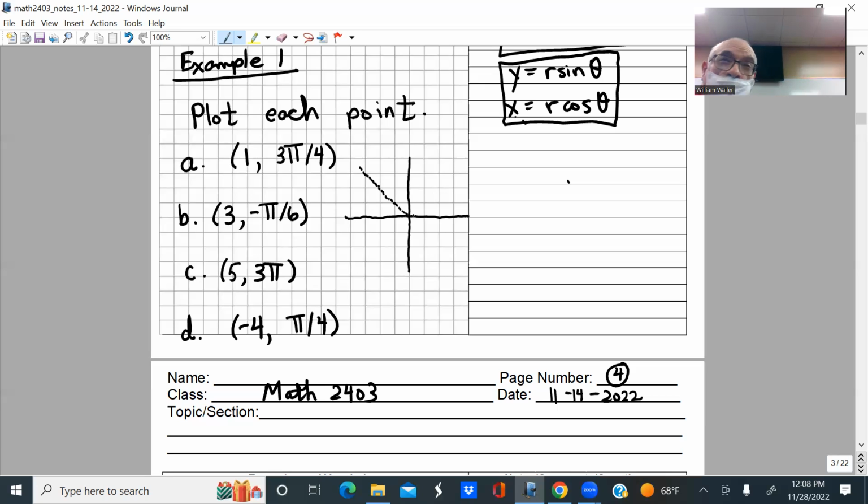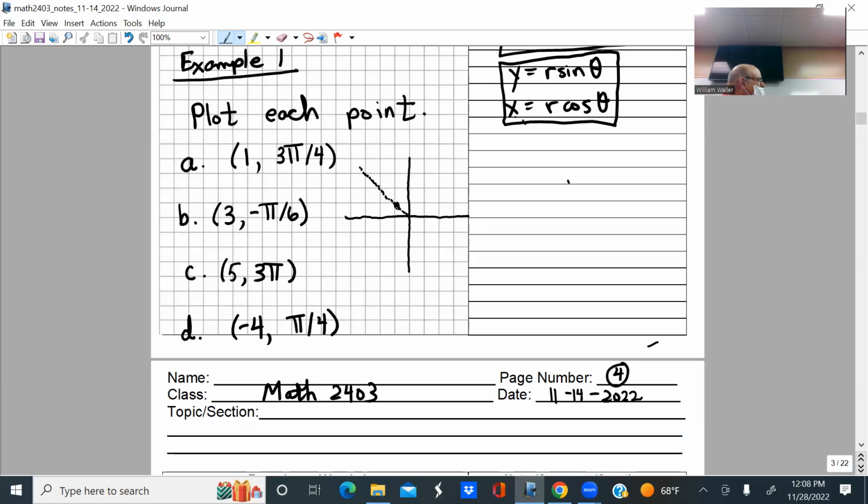That's not always easy to do by eye, but you get the basic idea. So I think 1 would be somewhere about right there, in the second quadrant.